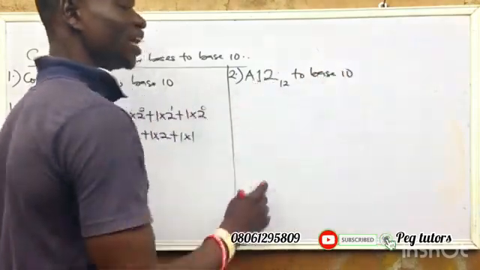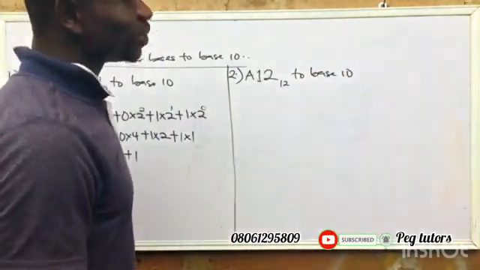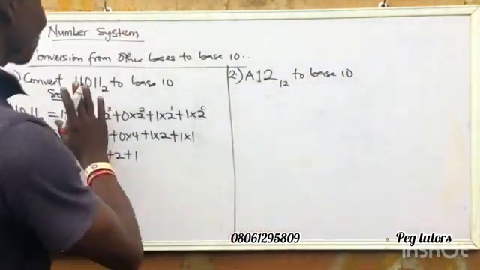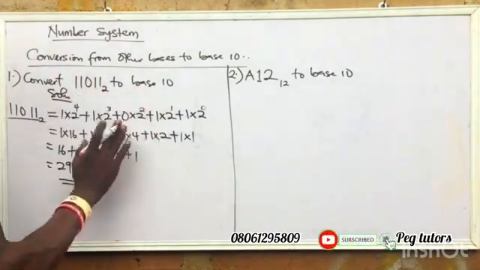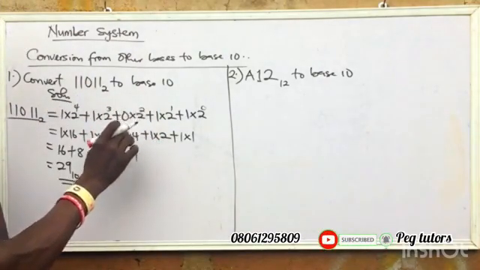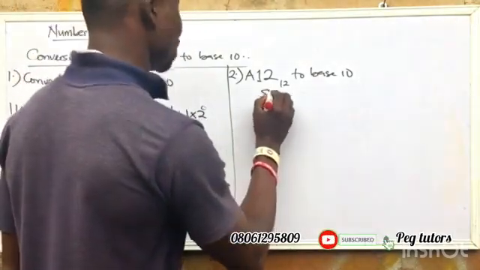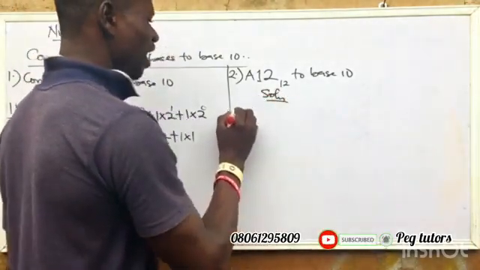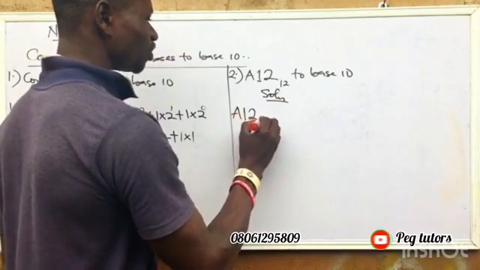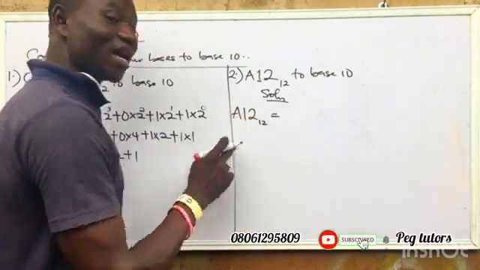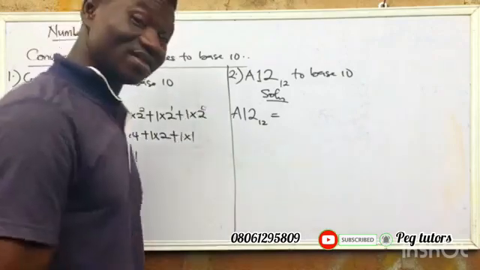Now you are converting A12 base 12 to base 10. How do we do this? The same steps you took in example 1. So let's see what we can do here. A12 base 12 will be equal to, remember that A is 10.